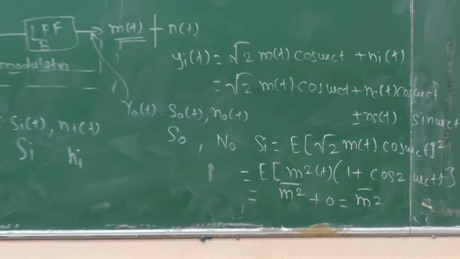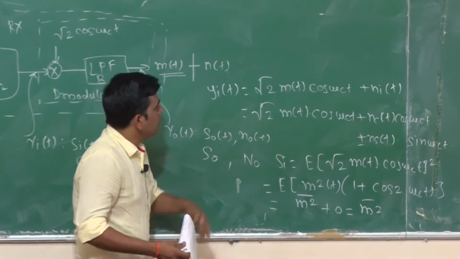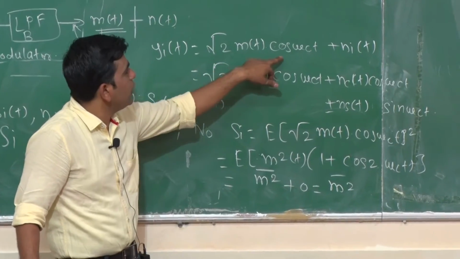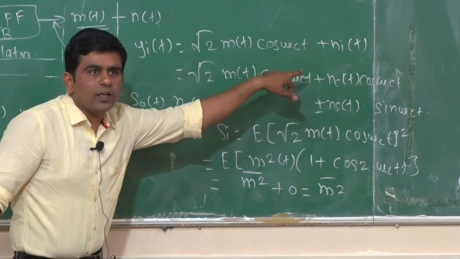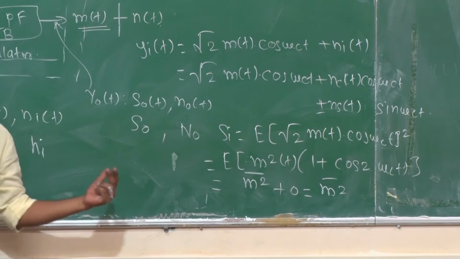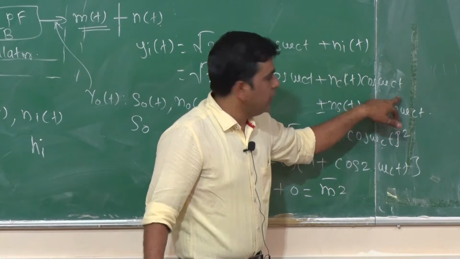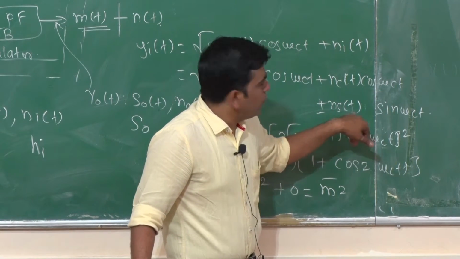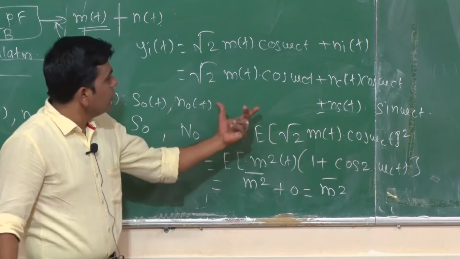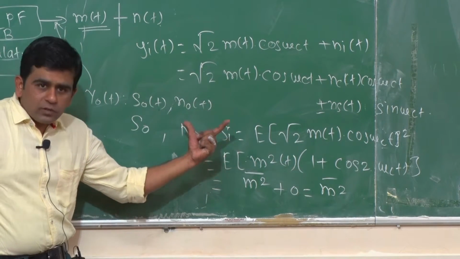Here we will get yi of t, this is root 2 m of t cos omega ct plus the noise part, that is ni of t. This ni of t has the in-phase component and quadrature component, so nc of t cos omega ct plus ns of t sin omega ct. Over this we have to find the noise power and the input signal power.